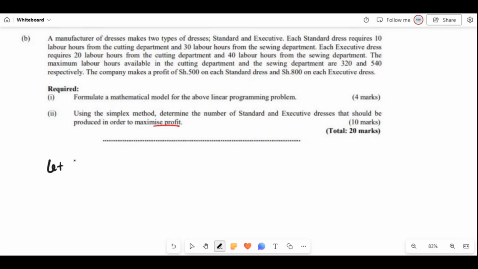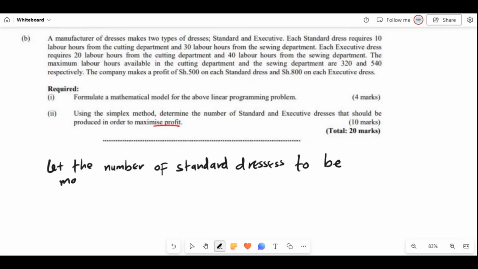Let the number of standard dresses to be manufactured and sold be X units.